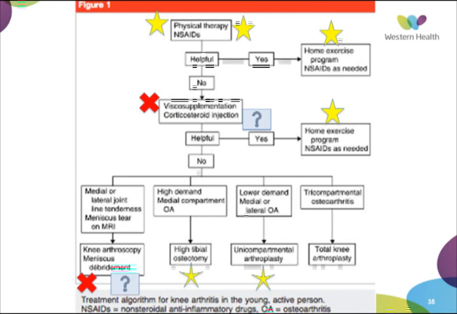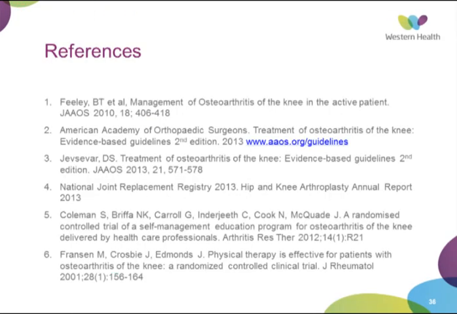Unicompartmental surgery is a benefit for those also who fit the criteria, but the patients need to be told that their failure rate is far higher than a total knee, and that they're likely to need to go on to a total knee replacement. Thank you.